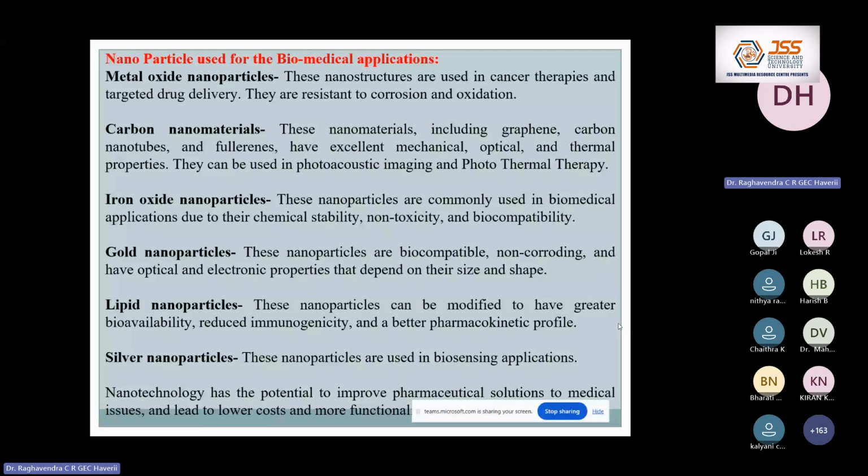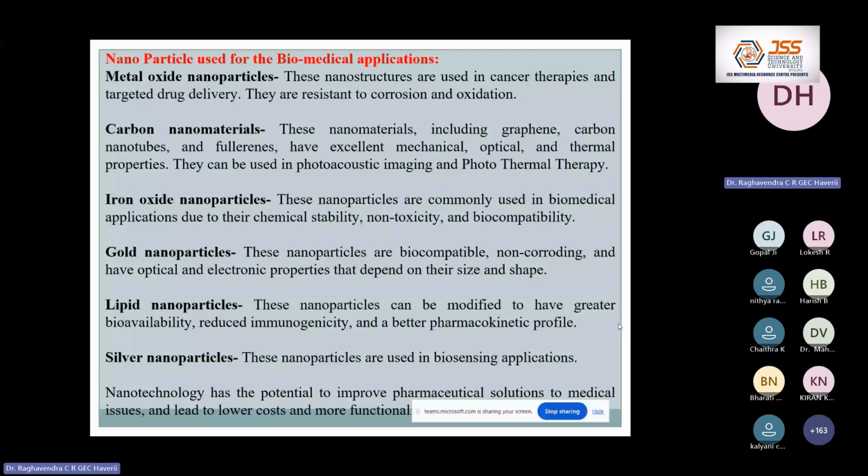The gold nanoparticles are biocompatible, non-corroding, and have optical and electronic properties that depend on their size and shape. Lipid nanoparticles have been used in particular for bioavailability, reduced immunogenicity, and better pharmacokinetic profiles.